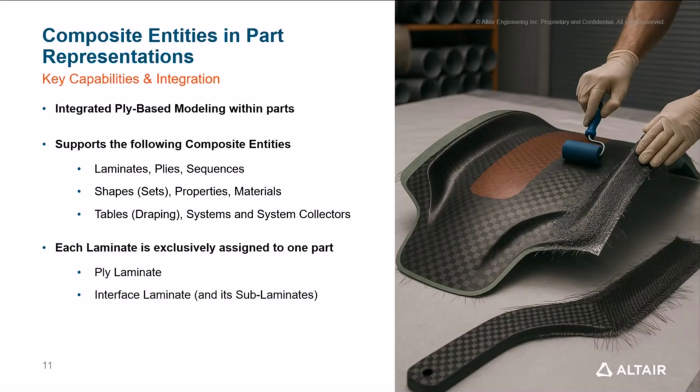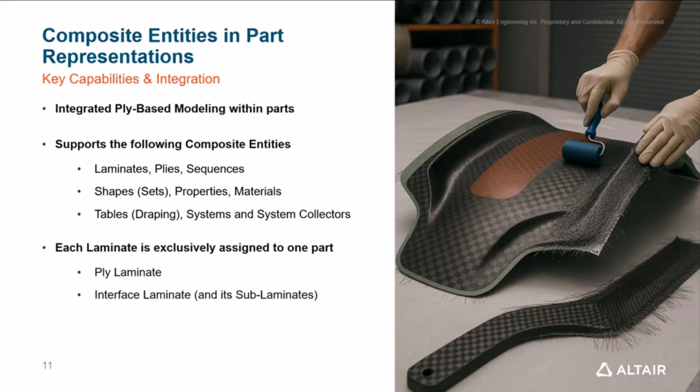Properties and materials related to the composite entities are stored in parts too, along with the tables, systems, and their collectors, which are all needed for the definition of fiber orientation. To allow the representations operation, a major rule had to be established, and it says that each laminate, either a ply laminate used on flat and curved structures, or an interface laminate which contains sublaminates and is used for more complex laminated structures, must belong wholly to one part.